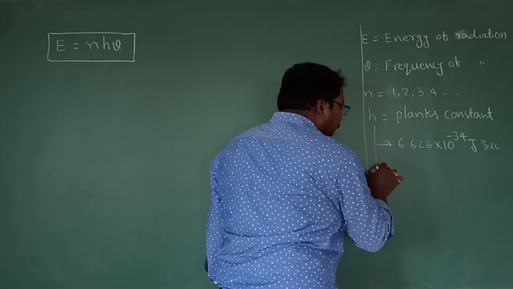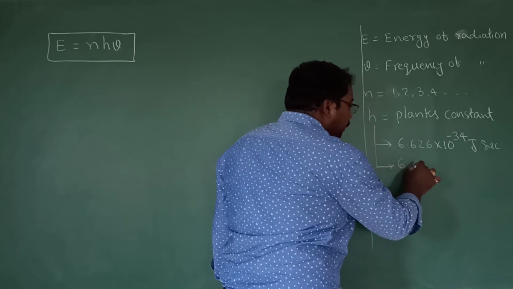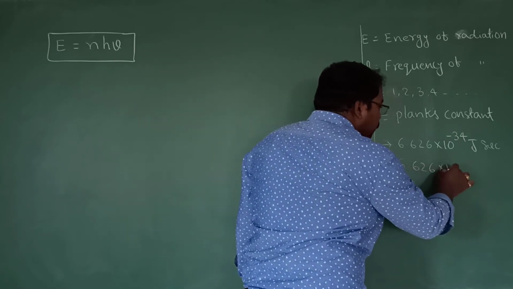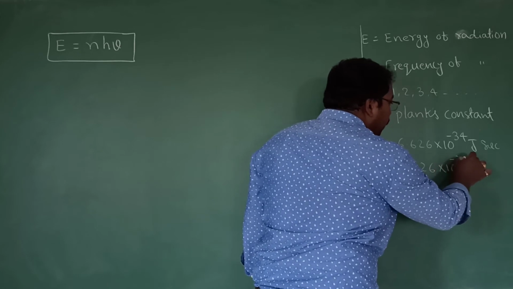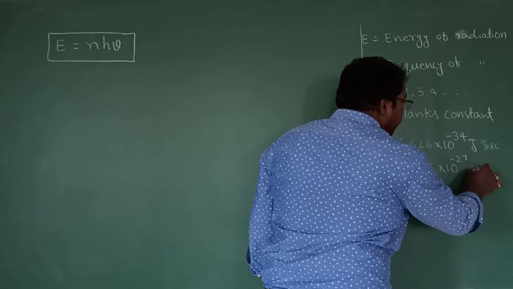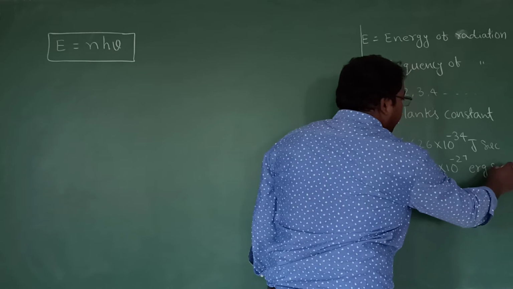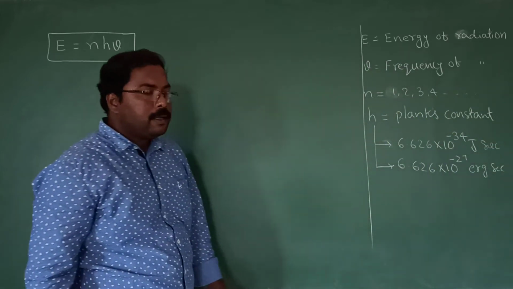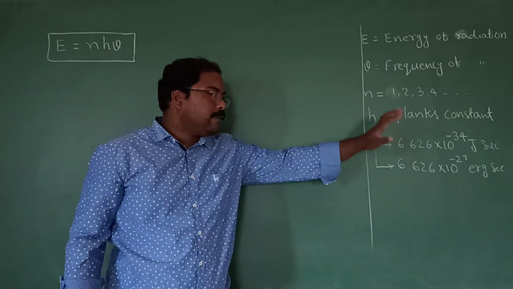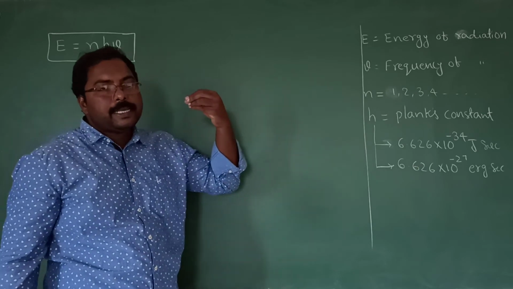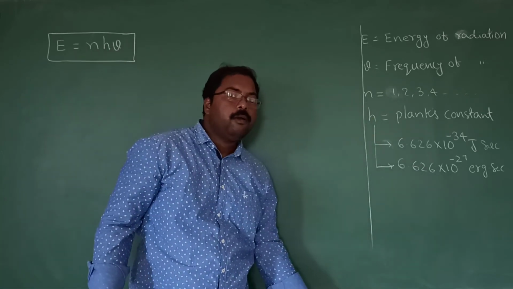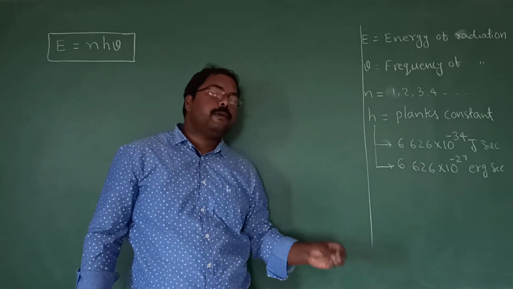In terms of ergs, its value is 6.626 into 10 to the power minus 27 ergs. Okay? So we need to remember mainly in terms of joules. And if they ask in the examination in terms of ergs, we have to multiply it with 10 to the power 7.